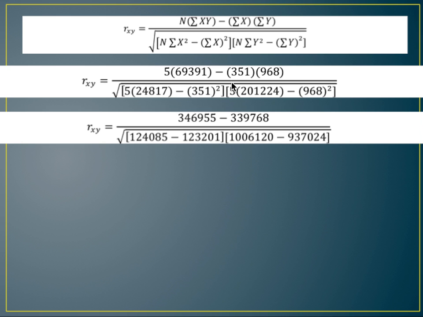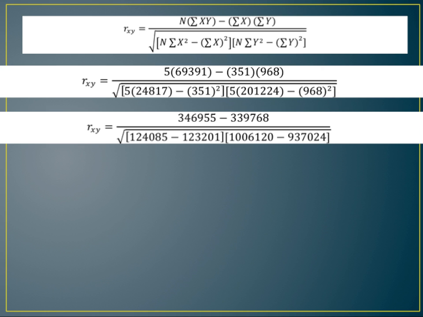Subtracted by 351 squared is 123,201. Then in the next bracket, you're going to do the same: 5 times 201,224, minus 968 squared there.